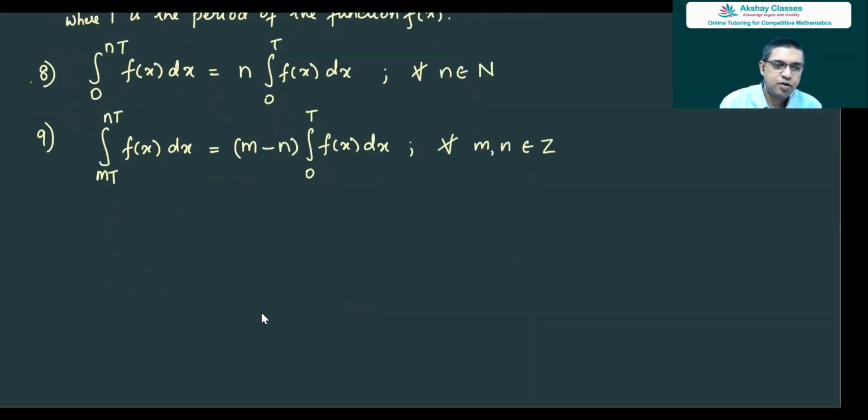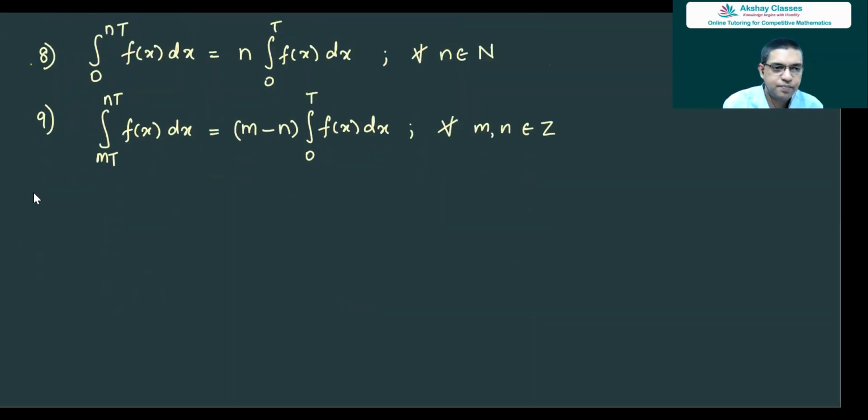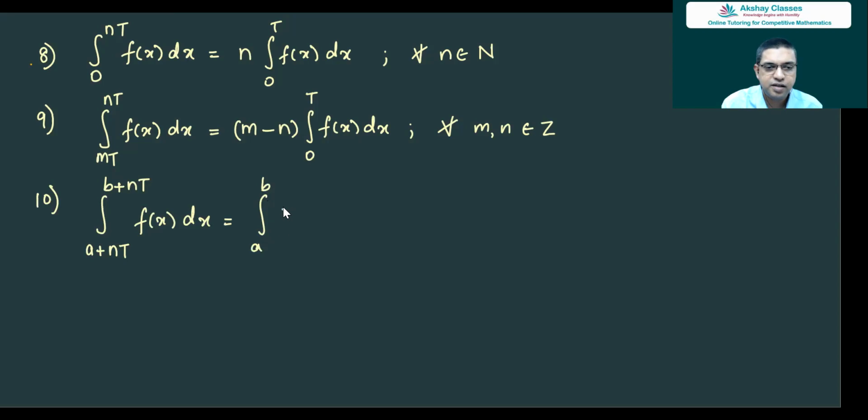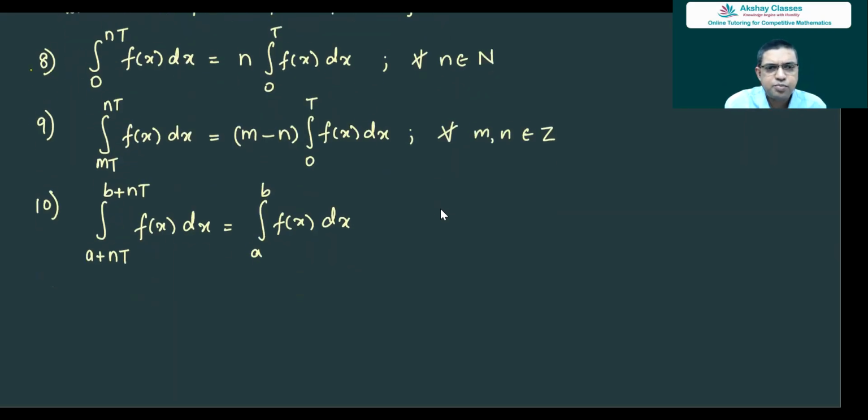All these three we will look into. Then integral a plus nT to b plus nT f of x dx is equal to integral a to b f of x dx. Because of periodicity, these properties arise.